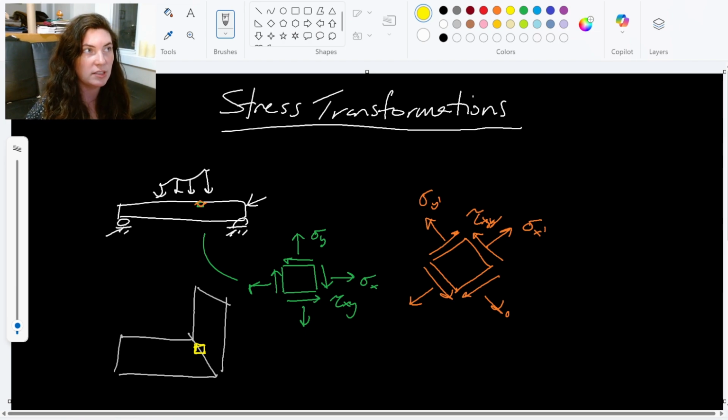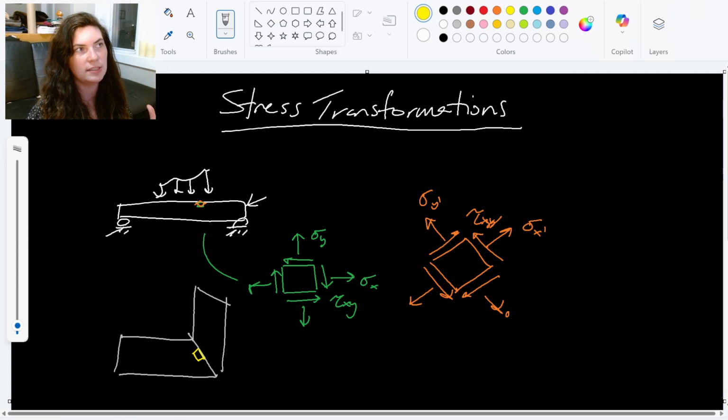I don't know what the stresses are along that weld itself. So I might be interested in whether the weld is going to fail. I need to know the stresses on the weld itself. So I would want to reorient this element so that it would be aligned with that weld, hitting at the same angle as that weld for the little element that I'm pulling out.